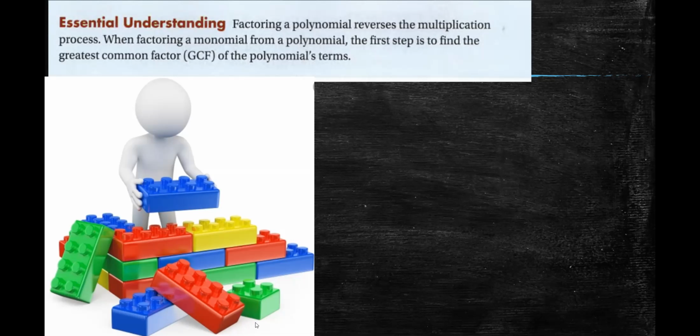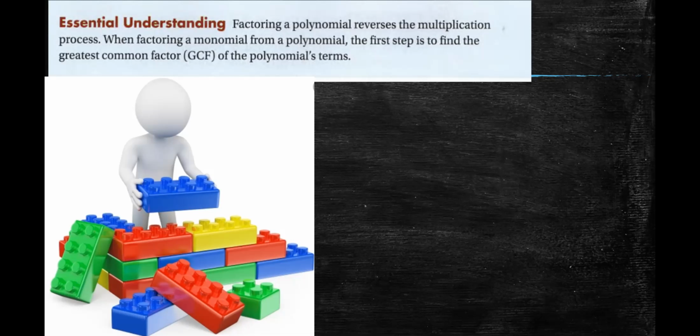So here, if you want to factorize it, I mean that you have to make them into small pieces. So factoring a polynomial reverses the multiplication process. The opposite or the reverse of multiplication is factorizing.